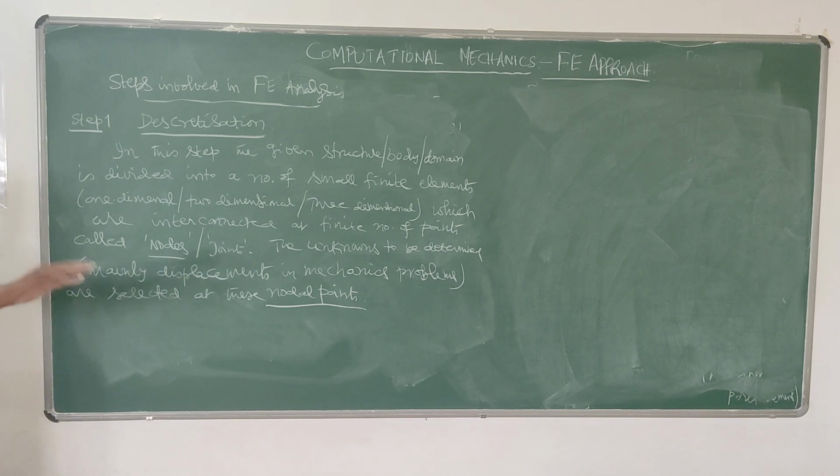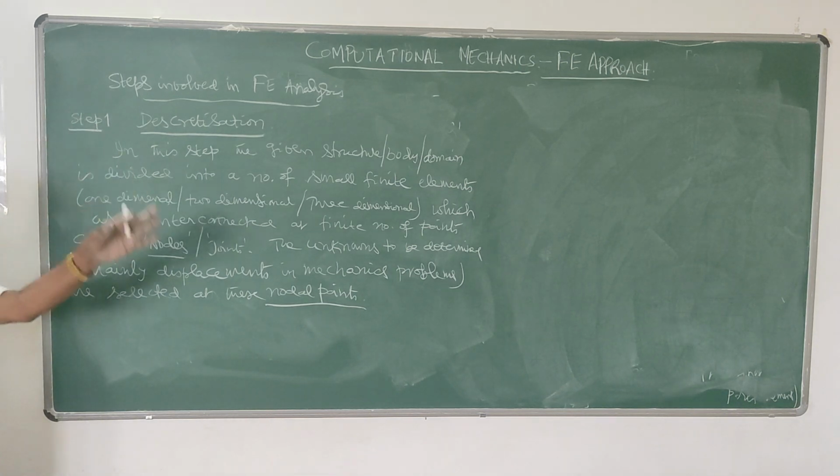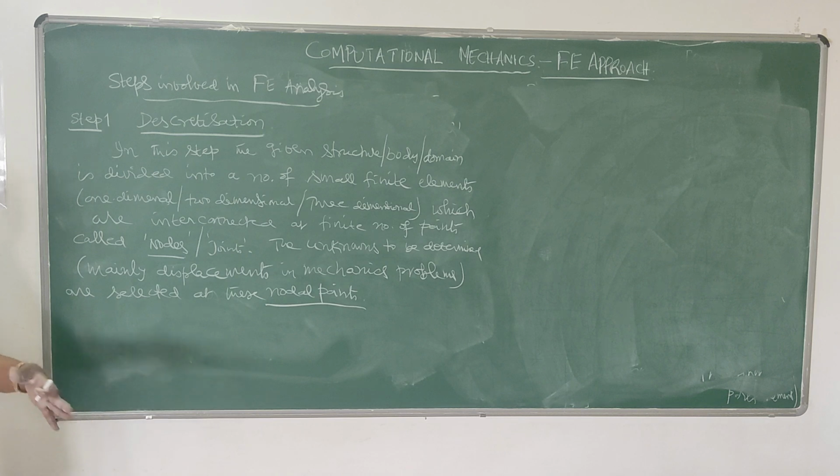Not arbitrarily, but since we are using the computer, we have to save the storage space of the computer. Since storage space is essential, we have to number it in a certain fashion, because especially when we are solving the equations, we use a large amount of space and that has to be reduced.